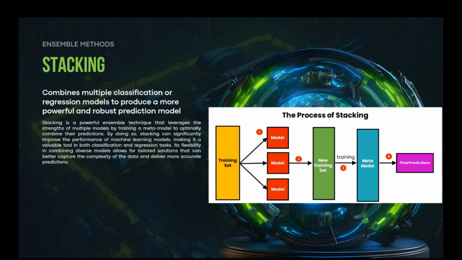So we take logistic regression, KNN, and decision tree. After training these 3 different models, the level 0 models, we use them to predict the probabilities of the positive class on the training data. Each of them is going to give their own prediction. These probabilities become the input features for our meta model or level 1 model.